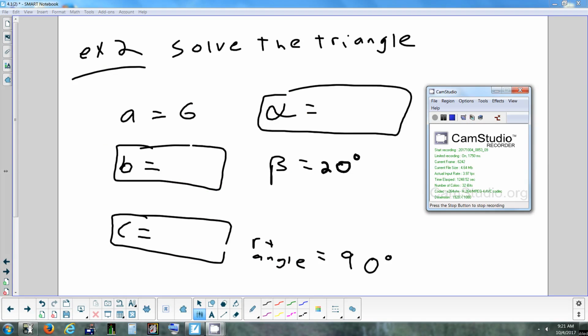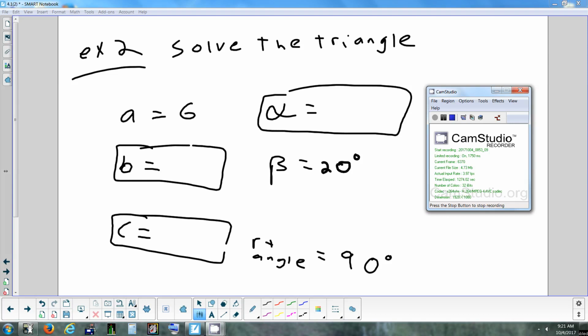All right, so let's start to take a look at it and see how we did. So how about Connor? What did you find first? Well, do you see anything you could find first? Alpha. Okay, what'd you get for alpha? 70.